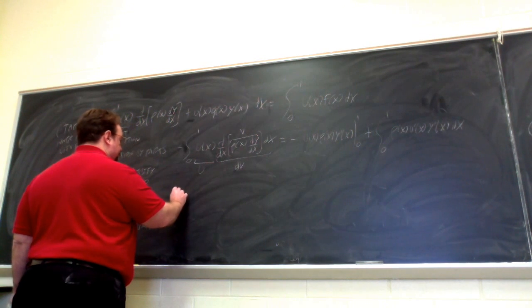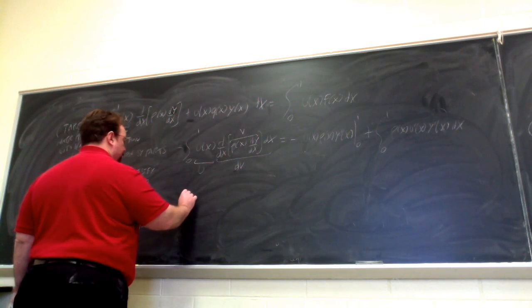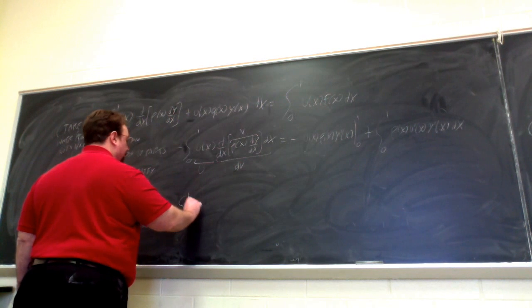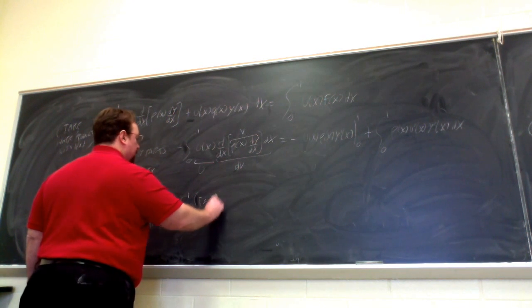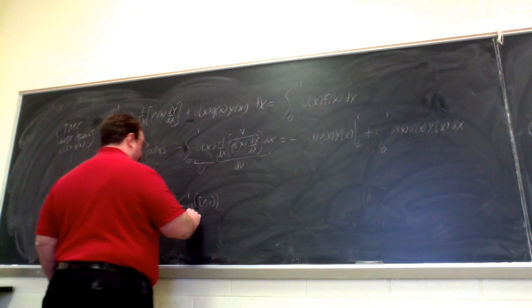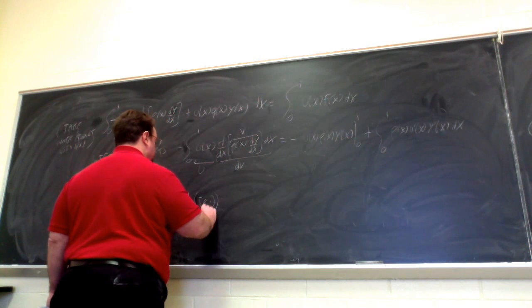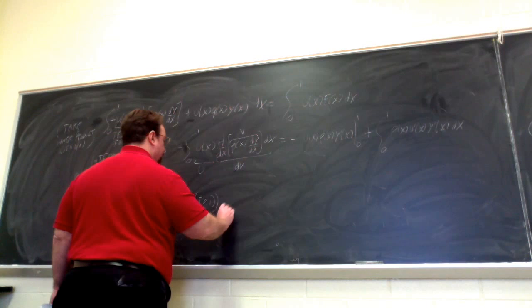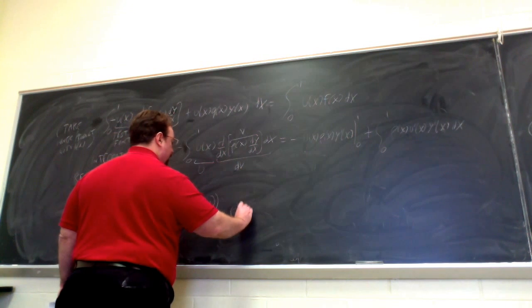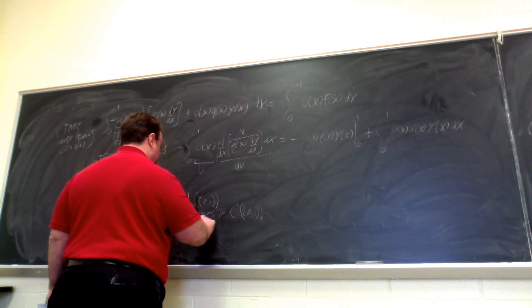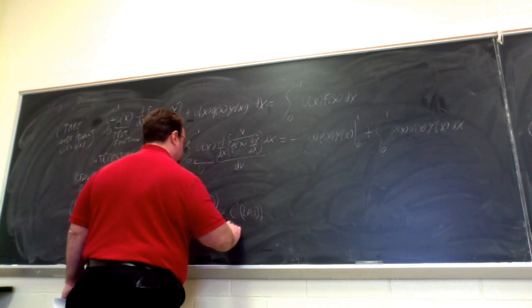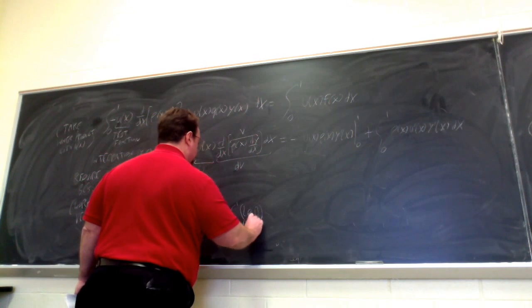So I'll introduce more notation. C1, and I'll put a subscript of 0. So functions in the previous set, C1 of 0, 1, that are equal to 0 on the boundary.